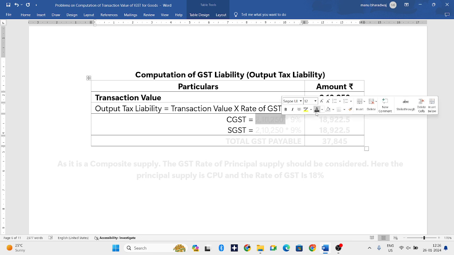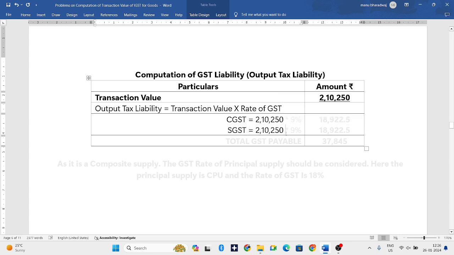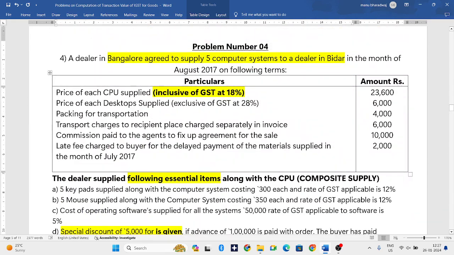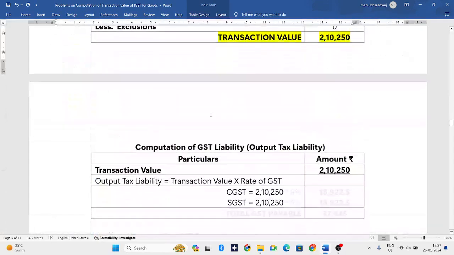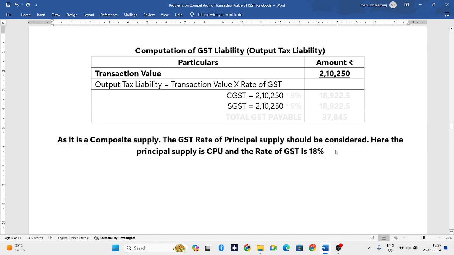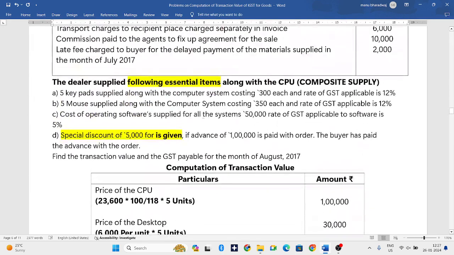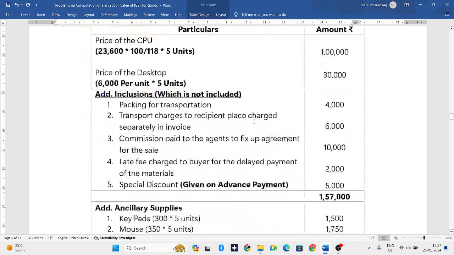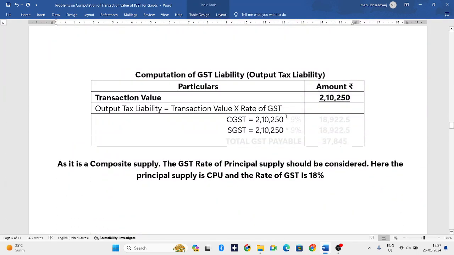The transaction value is 2,10,250. But what percentage should be levied? We have 18%, we have 28%. But as it is a composite supply, we have to levy the rate of the principal supply. Which is the principal supply? Here the CPU is the principal supply and the rate of CPU is 18%. So that 18% should be levied: 9% CGST, 9% SGST.